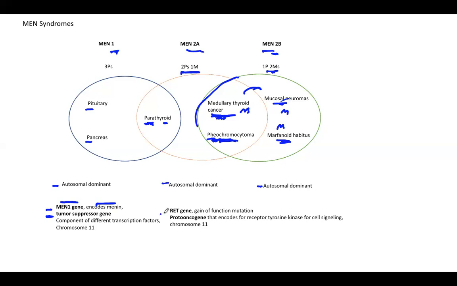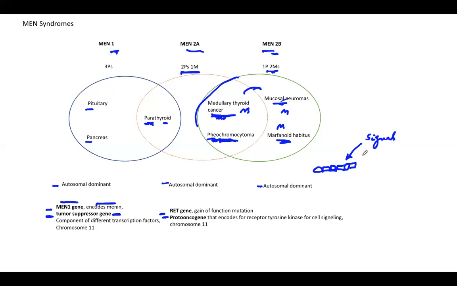So this is what is called the RET gene. It's a proto-oncogene. Like this one is a tumor suppressor gene, and this is a proto-oncogene. Tumor suppressor genes are genes which suppress formation of tumor, and when they are abnormal, it results in formation of tumor. Proto-oncogenes are genes that stimulate the growth of a tissue or epithelium, but only when there is a signal.